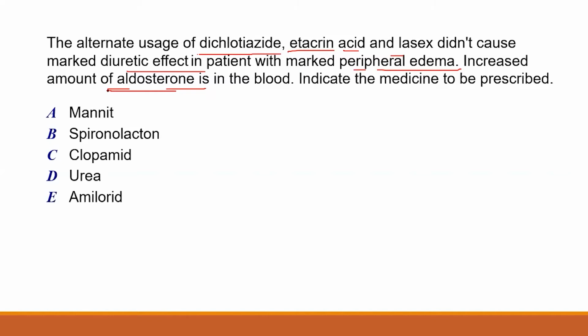So at the end of the day, we are still having the edema present. Why? Because we have the aldosterone there. So what do you do as a physician? You need to give an anti-aldosterone drug, a drug that will antagonize the aldosterone. And that is why over here, without wasting my time, you go for an aldosterone antagonist, which is spironolactone.